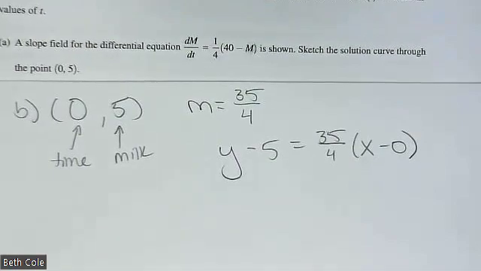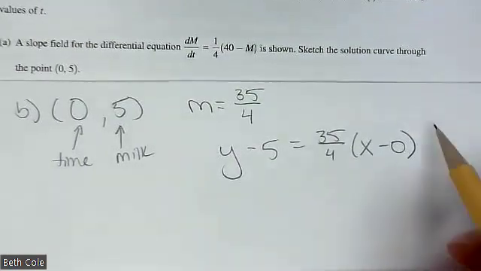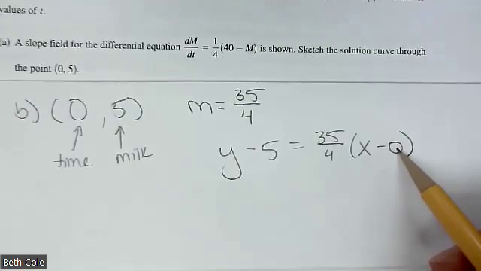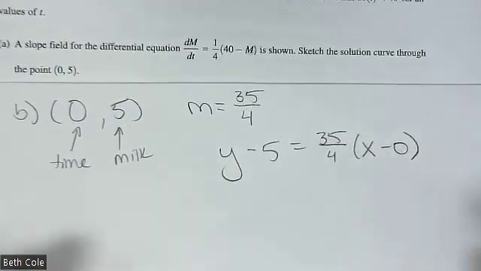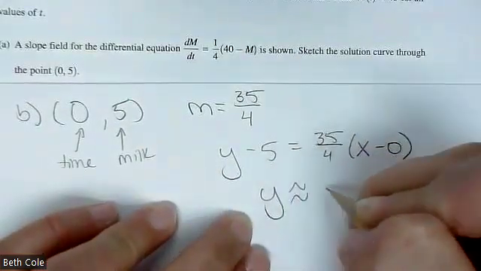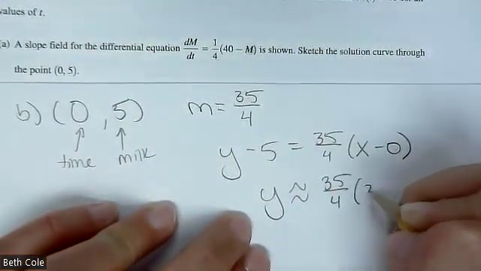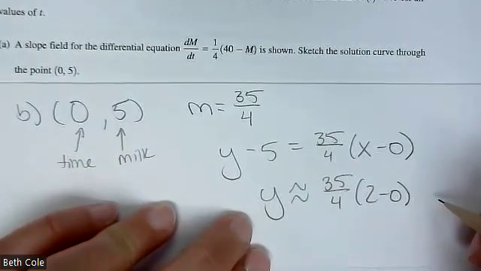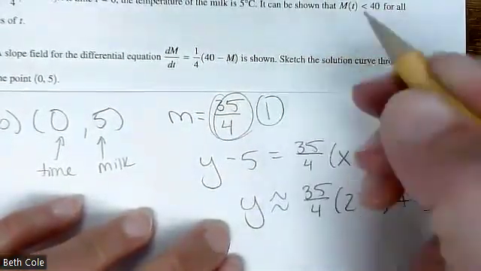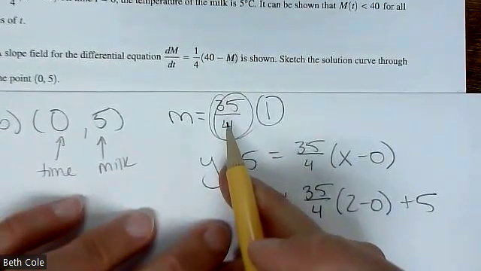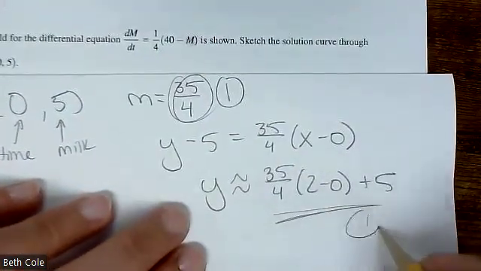I dislike that because where did we write our tangent line? At 0. 2 is not very close to 0, so I didn't like that one. But anyway, y is approximately 35 fourths, 2 minus 0, plus 5. It was a point for getting this slope. So if you got the 35 fourths, you got a point. And then it was a point for that answer.